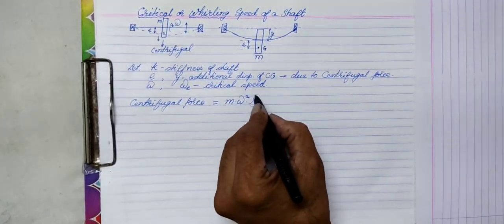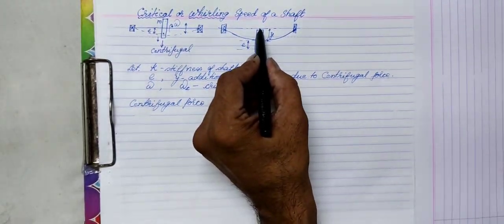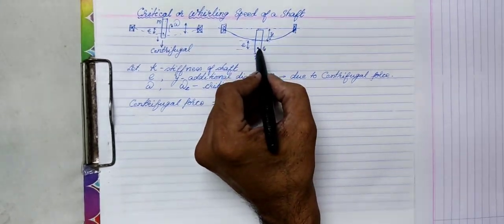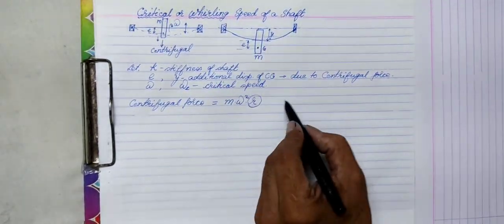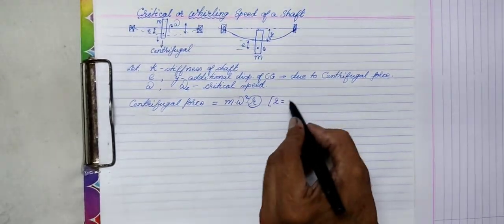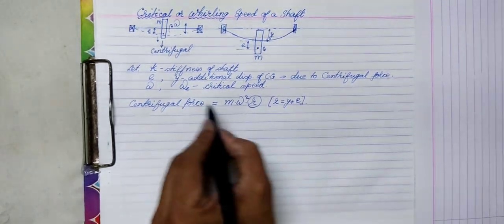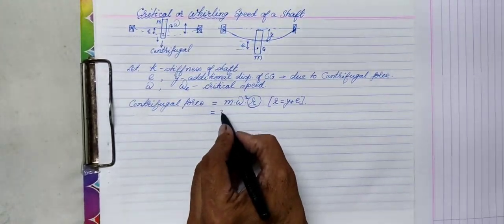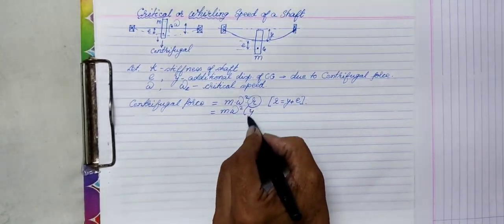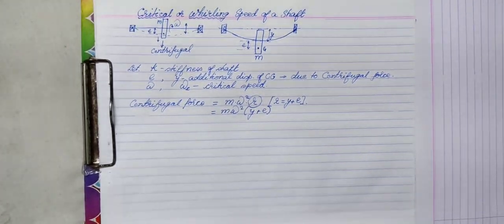Now what is this r? If you see in the diagram, this will be the actual displacement from the axis of rotation. So r is equal to, in our case, y plus e, right? So my expression becomes m omega square (y plus e). So this is that r.